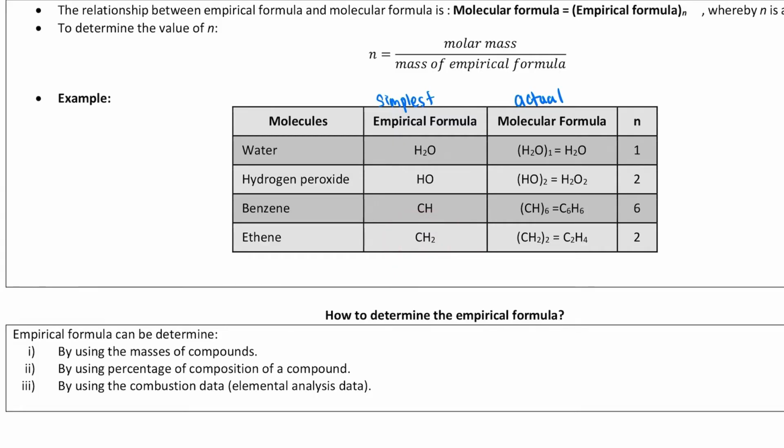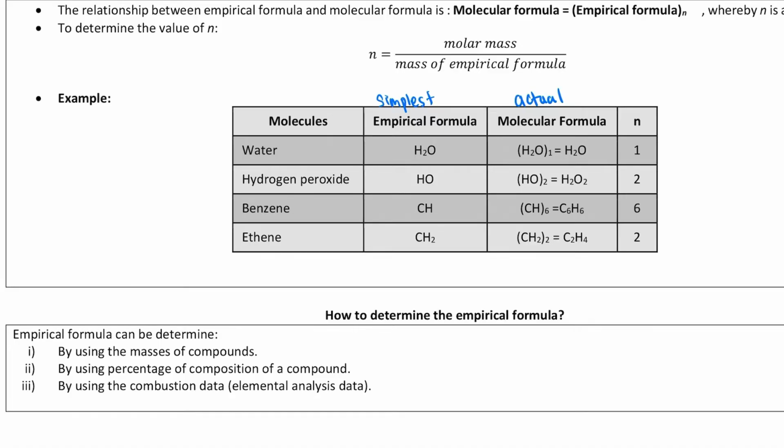But actually, the actual formula of ethene adalah C2H4. If we compare C2H4 and CH2, actually CH2 ni kena darab 2 baru dapat C2H4. So carbon ni darab 2 jadi C2, and hydrogen 2 darab 2, so jadi 4. So maksudnya di sini, the value of n is 2.